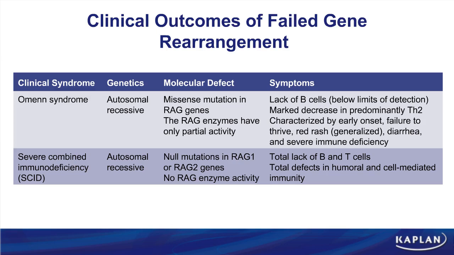And that actually should be a pretty simple question. Turns out it's not always, but if there are mutations in RAG1 or RAG2 that affect gene rearrangement, we essentially wind up with combined immunodeficiency diseases.